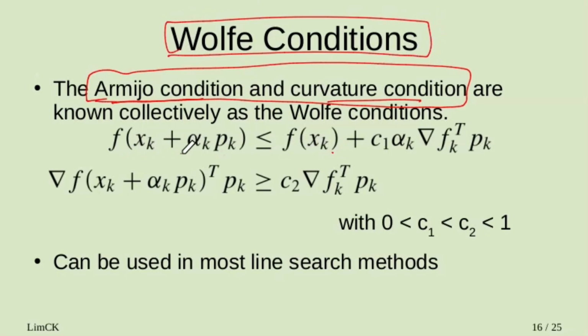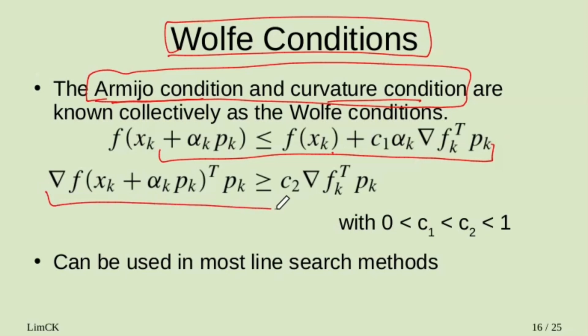This part is the unusual condition, and this part is the curvature condition. We just combine these two, where C1 and C2 should be in this form, because C1 is always a small number, right? And C2 should be a larger number. So we call this the Wolfe condition.